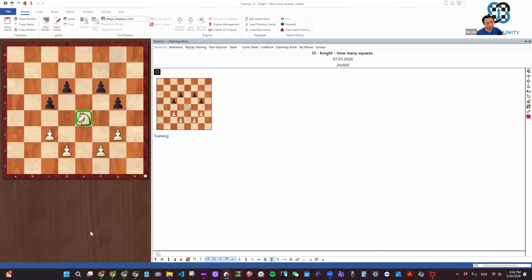Yes, the answer is 4, because remember, chess pieces cannot capture pieces of the same color because they're on the same army, the same side. The white knight cannot capture the white pawns because the pawns are in the same army as the knight.